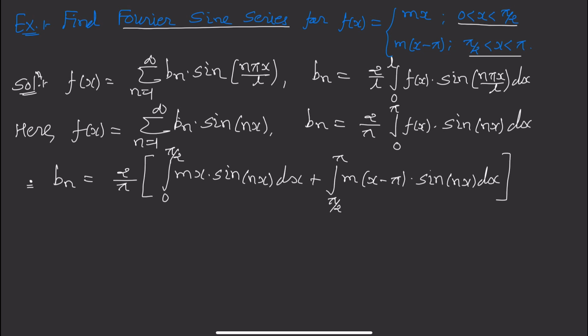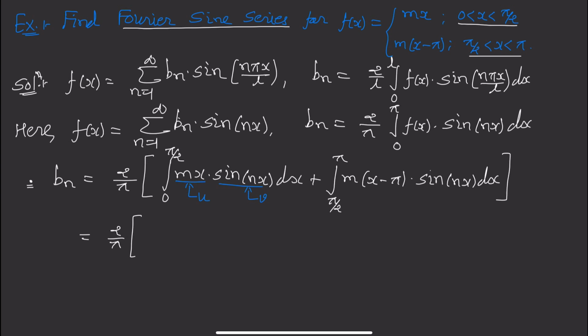So now we only need to integrate mx into sine nx and m into x minus pi into sine nx. So let us proceed further. So this is 2 upon pi. How do you integrate this? Suppose this is function u, this is function v.